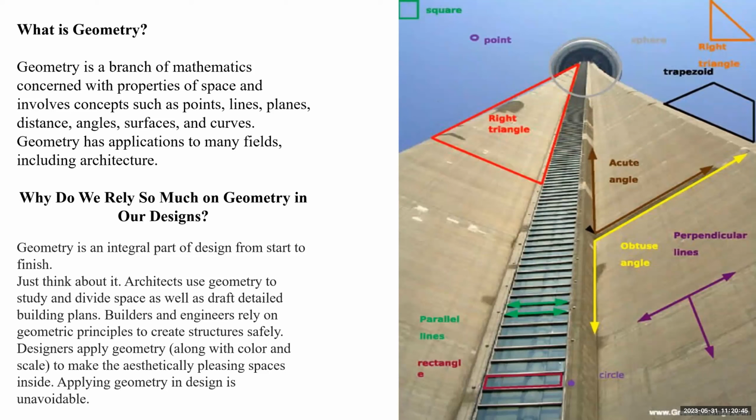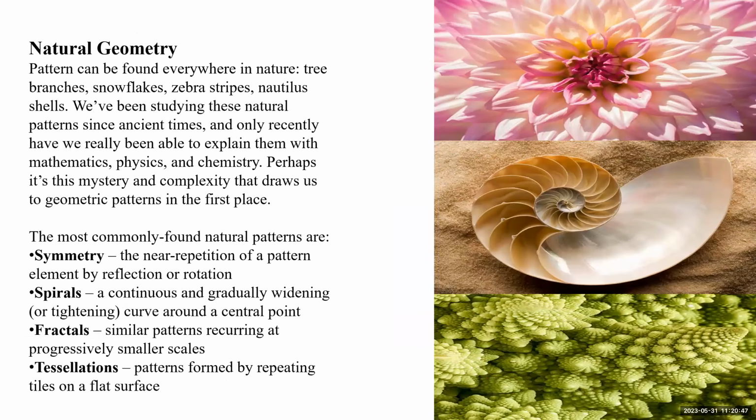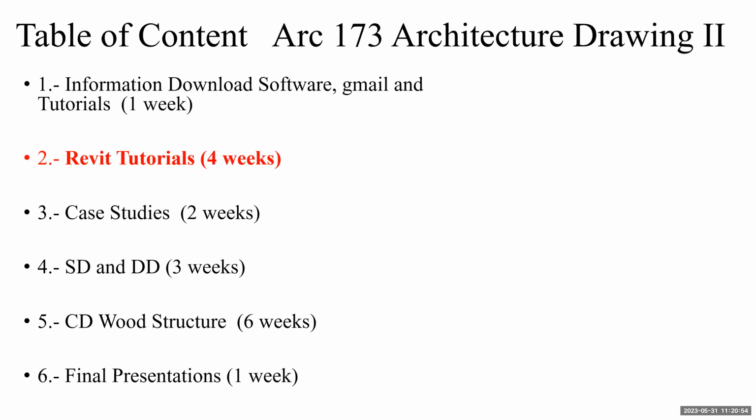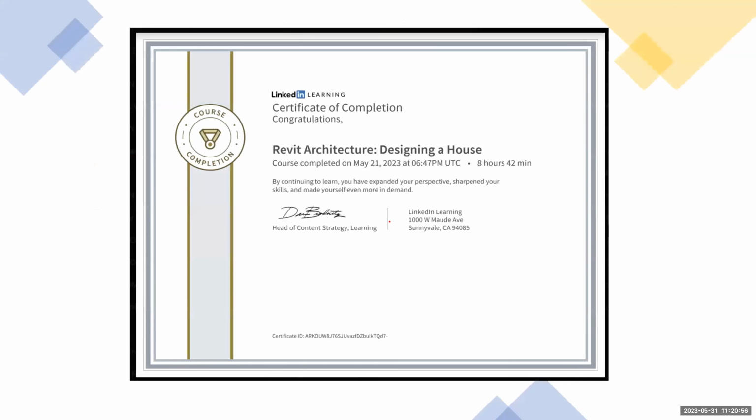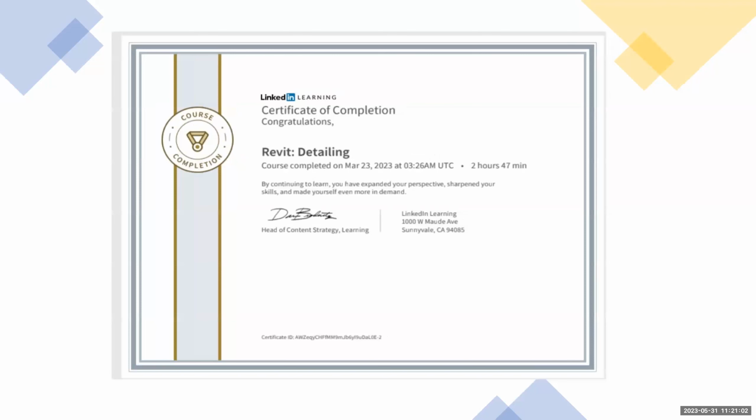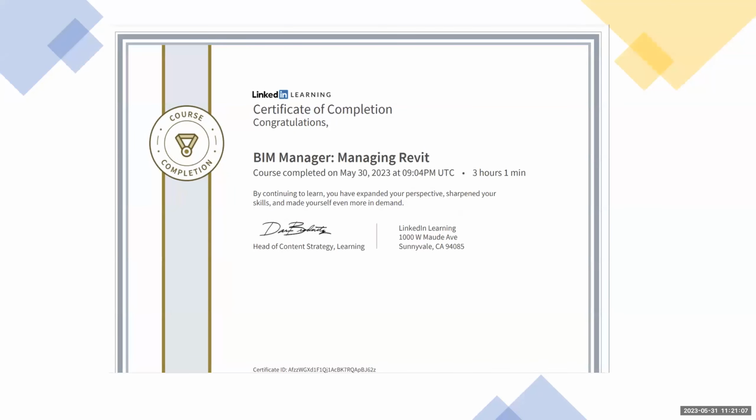Applying geometry in design is unavoidable. Natural geometries like symmetry, spiral, fractal, and tessellation. Here are my certificates from LinkedIn: Revit Architecture Designing a House, Revit Detailing, BIM Manager, and Managing Revit.